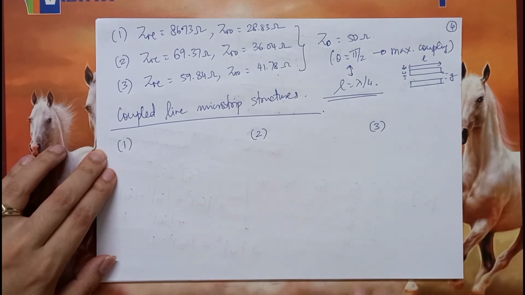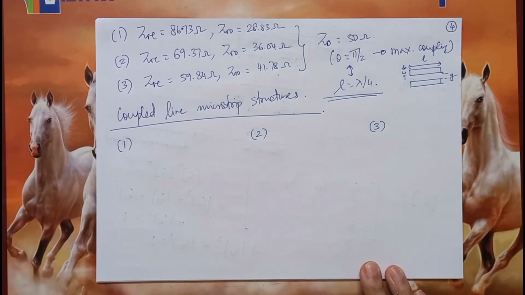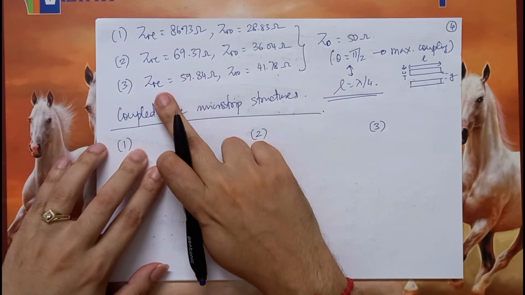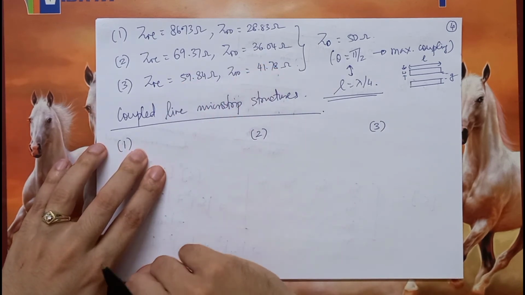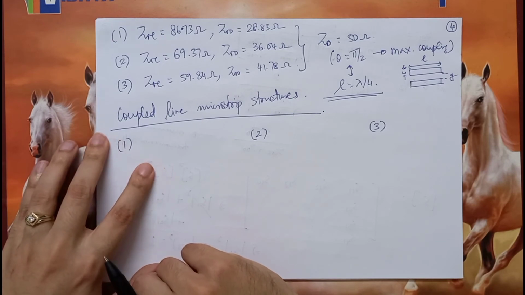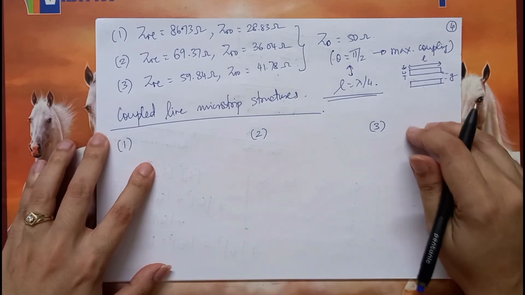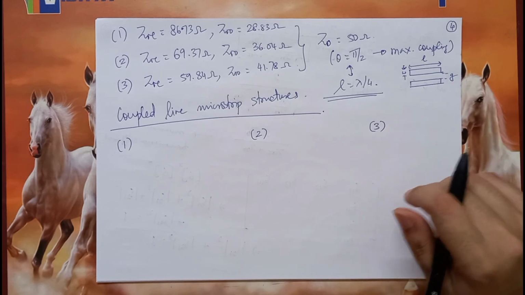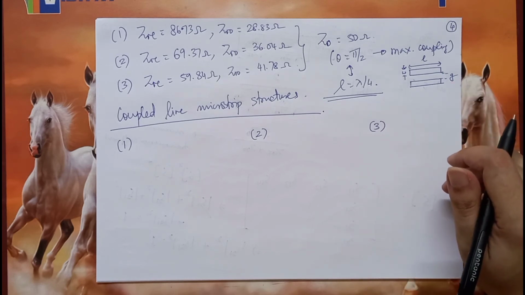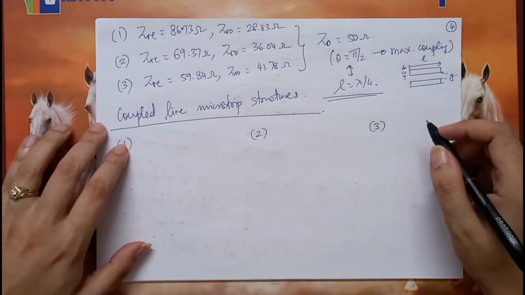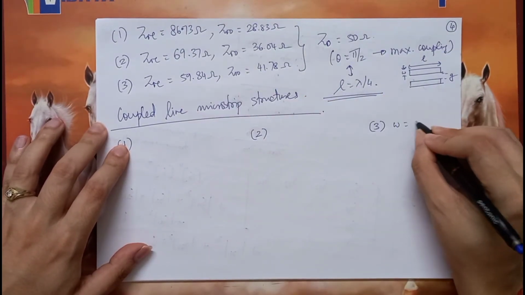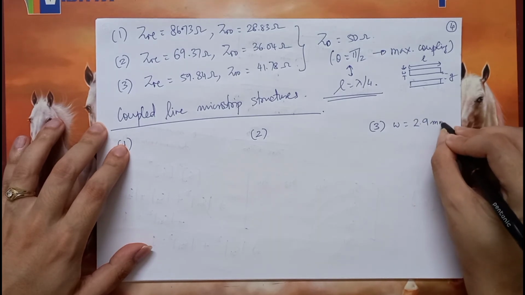So for case 3, for 59.84 ohms of Z0E and Z0O of 41.78, the calculator using those big microstrip line formulae, which is not of prime importance, gives that for case 3, the width W of each conductor is 2.9 millimeters.